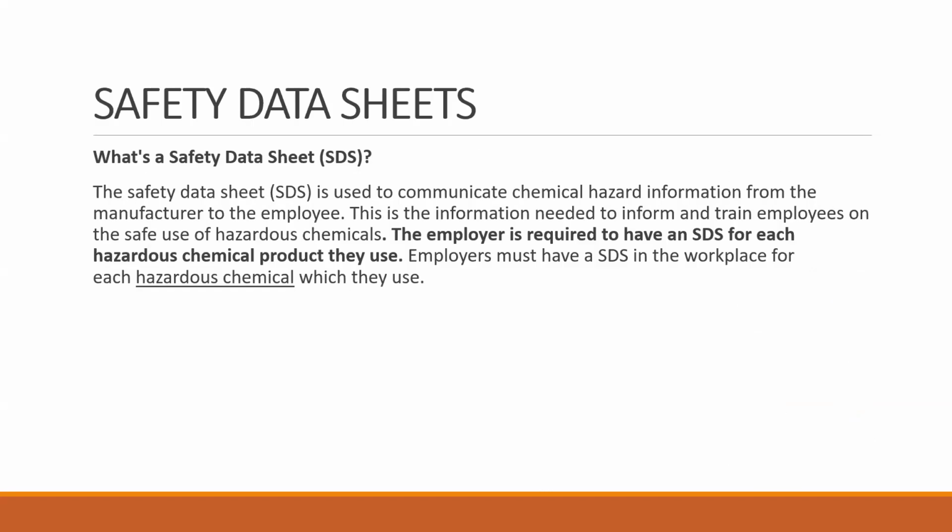Now we have the safety data sheet. The safety data sheet, or material safety data sheet, is a very useful document which comes with the chemical. Remember, according to the hazard communication standard, it is the responsibility of the manufacturer to produce it. Then it is the responsibility of the distributor to distribute it, and as an employer, it is our responsibility to have it.